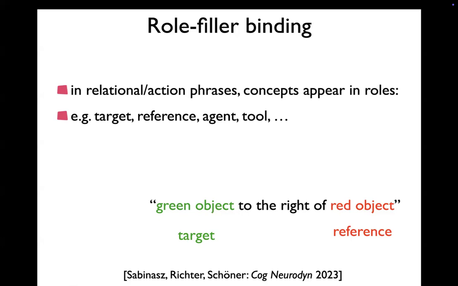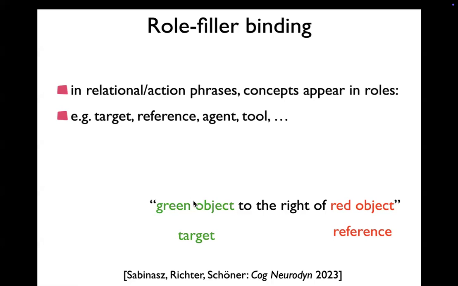So, for instance, when you say something like the green object, here we're using again the colors because we have ideas about the feature values. So something that's green, the green thing, or the green object, to the right of the red object. So you're using a color feature of an object in two different roles, right?